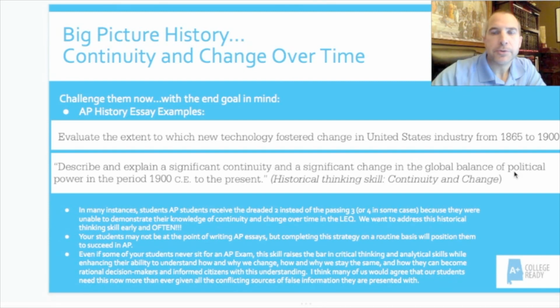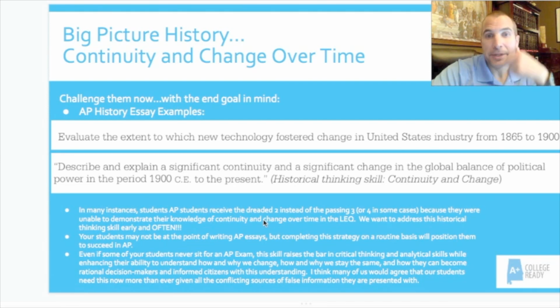Those are the questions they're going to get in AP. In the years that I taught AP, the LEQ was the last question they typically answered, and some were struggling to get anything down on paper. A lot of them did well on the DBQ; they did well enough on the multiple choice, but sometimes they would lose it with the LEQ.